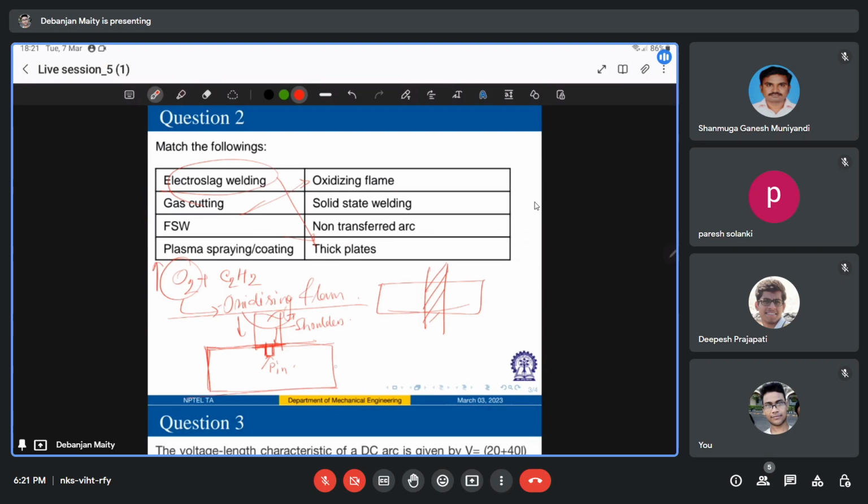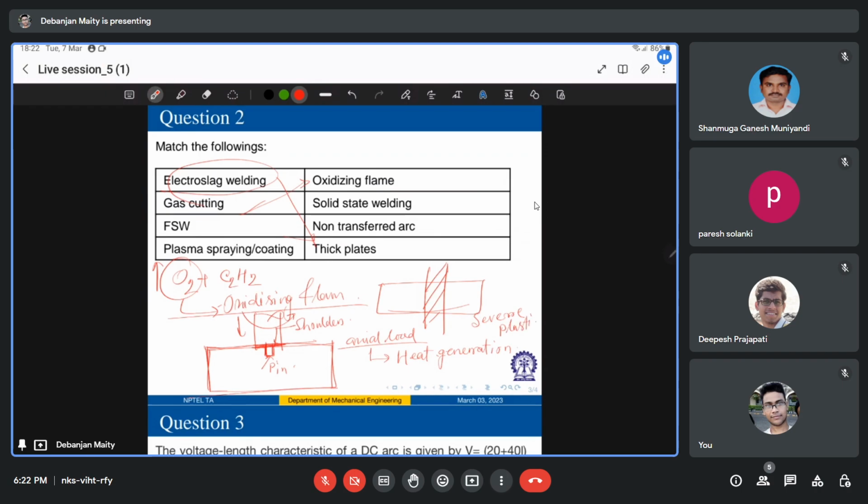Due to rotation and plunge action, some axial load is generated, and then there is heat generation due to the rubbing action of the tool. And due to heat generation and this load above the workpiece, there will be severe plastic deformation happening at the workpiece surface.